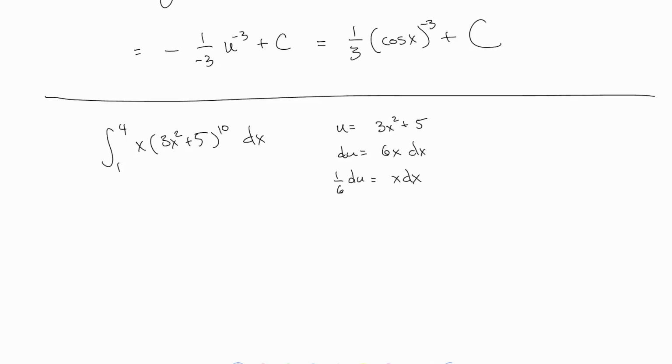All right, plug in my business here. It becomes the integral of x times u to the 10 dx. This is the integral, if you prefer, of u to the 10 times x dx, and then x dx is 1/6 du. So this is u to the 10 times 1/6 du.